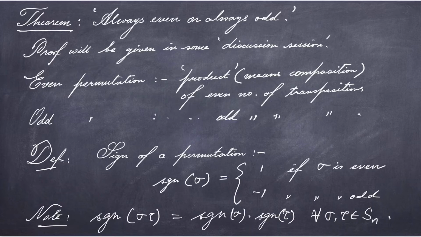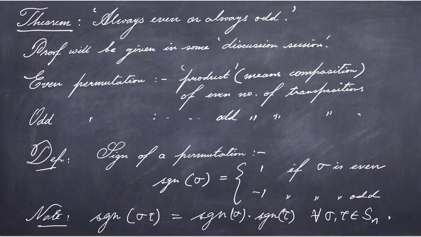And that observation leads us to the following definitions of even permutation and odd permutation. Remember, if a permutation is written as the product of an even number of transpositions, then it cannot be written as the product of an odd number of transpositions. So it's legitimate to call those permutations the even permutations, and similarly we define odd permutations.